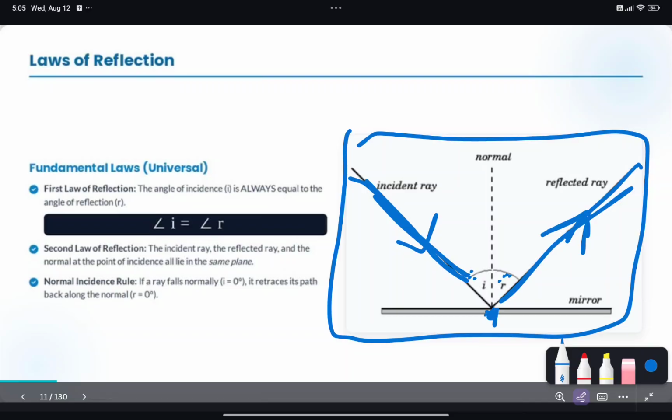Normal incidence rule. What is meant by the normal incidence rule? If a ray falls normally, it retraces its path back along the normal.